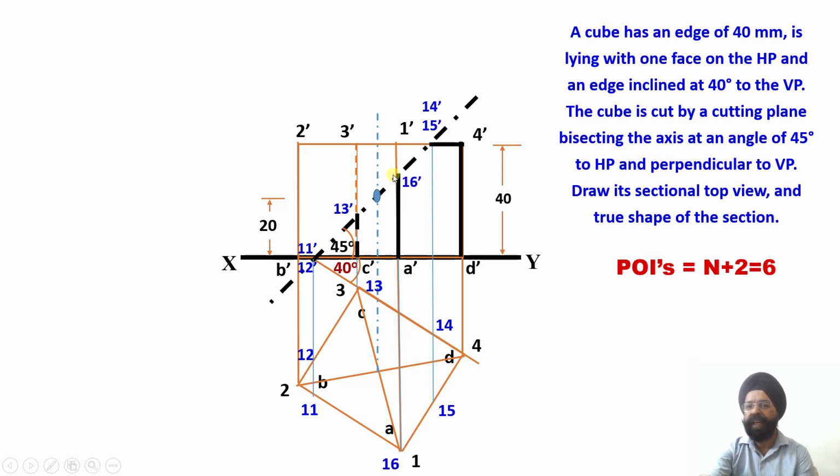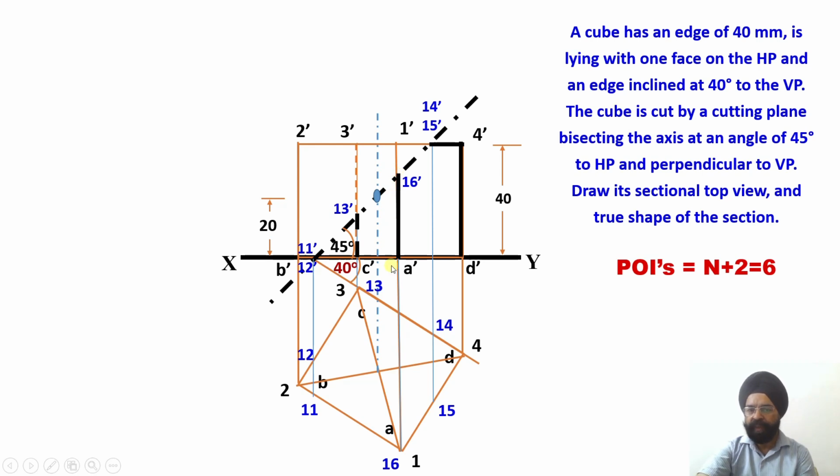So we can say that point 16 dash, that is the point of intersection, POI 16 dash, is the point of intersection of the cutting plane with the vertical edge 1 dash A dash in the front view. So this POI, the 6th POI, has been obtained in the front view.